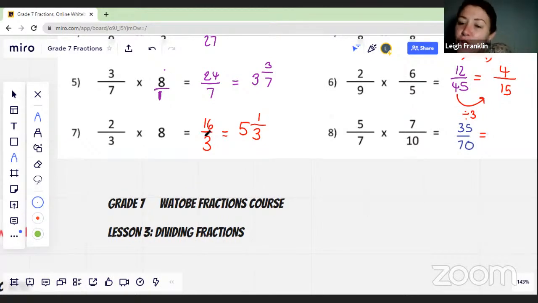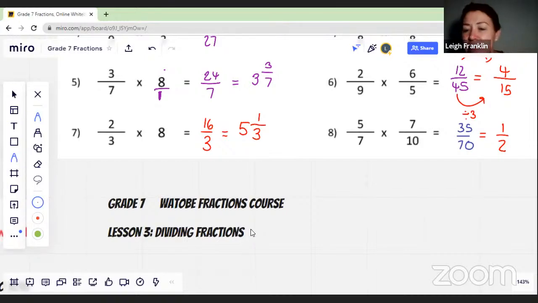So you can divide 35 by 35 and get 1. And you can divide 70 by 35 and you can get, oh, look at me, what am I writing here? And you can get 2. Indeed. Does that make sense to everybody? Yes, ma'am. Okay.